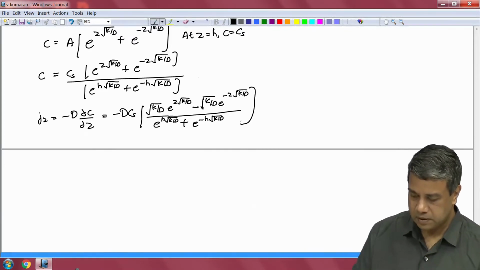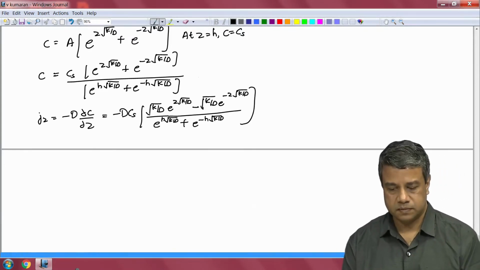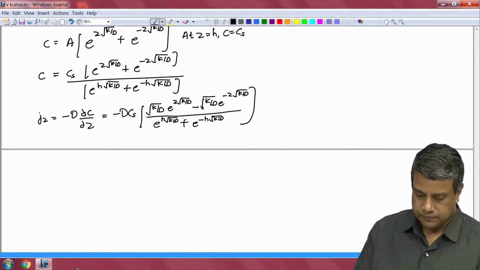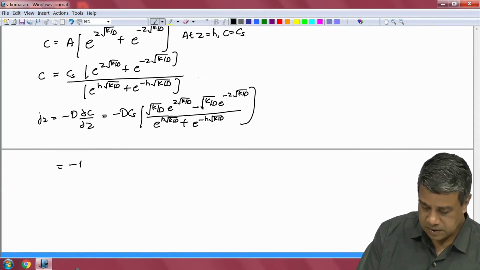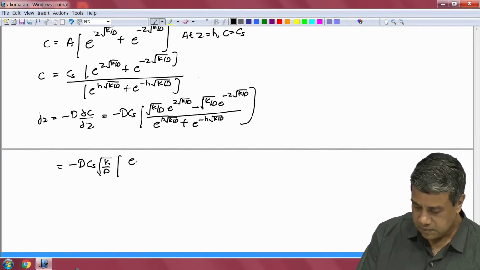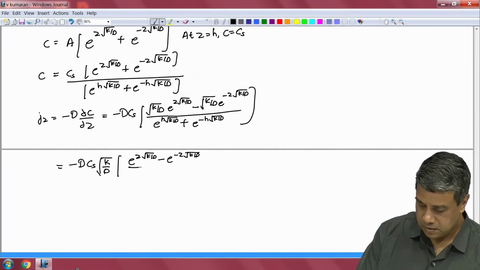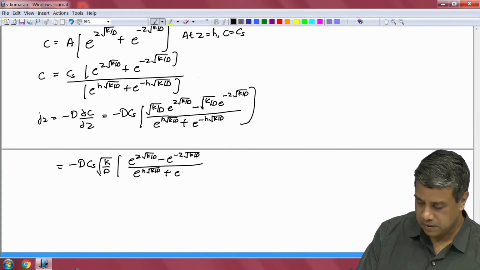So, it is equal to minus D Cs root of k by D into e power z root of k by D minus e power minus z root of k by D, divided by e power h root of k by D plus e power minus h root of k by D.